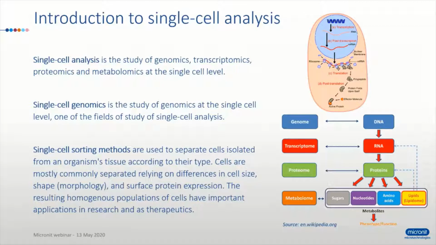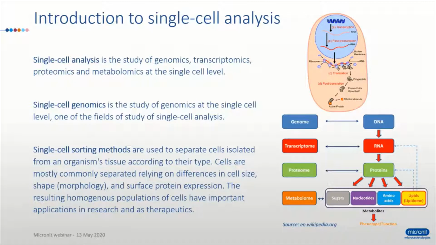As I mentioned, probably the biggest segment within the single cell analysis arena is single cell genomics. And typically, if you look at things like liquid biopsies, which I'll come back to in the next slide, you'll understand why. So here we really look at the DNA on a single cell level. And to be able to study these single cells, we need sorting technologies to separate those cells and isolate them from an organism's tissue according to their type or geometry or size.